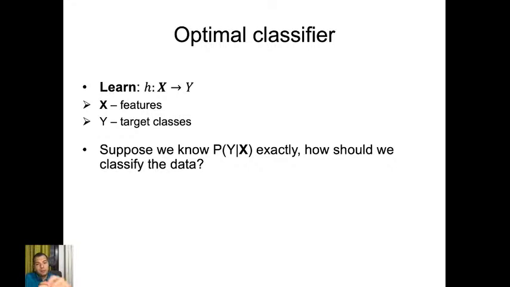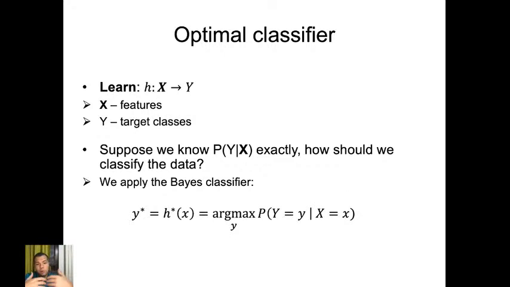So if we have this probability, which of course in practice is impossible to obtain, we have the optimal classifier, which just chooses the class label with the highest probability. So if we have the probabilities for every possible data sample, we just consider the probability for all classes and choose the class with the highest probability. So that's simple, that's natural.